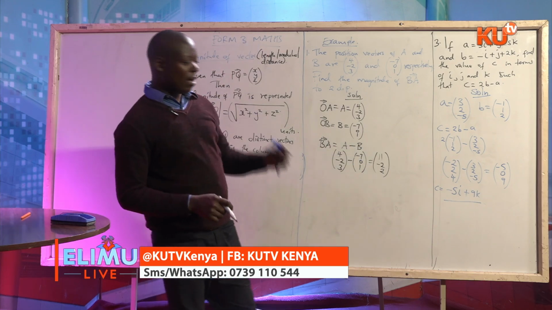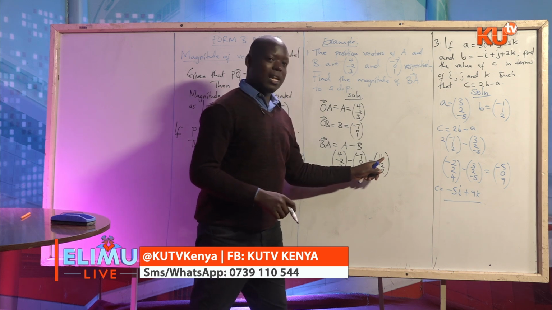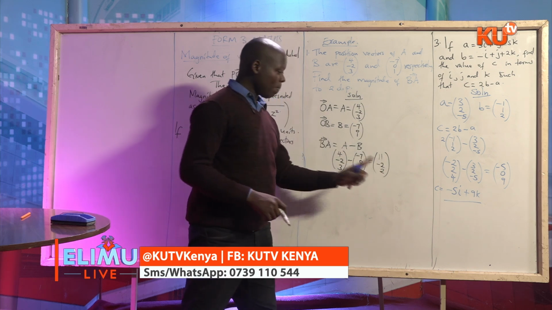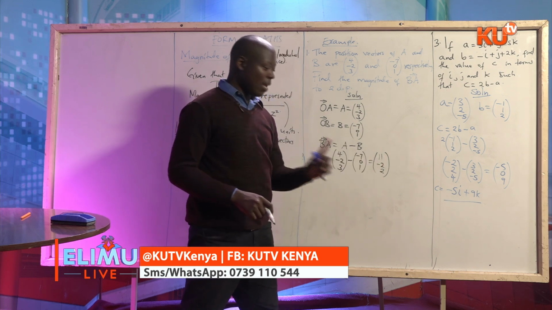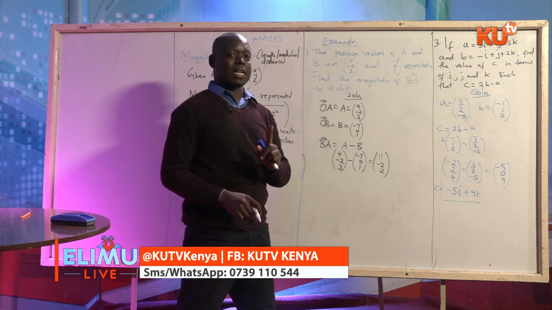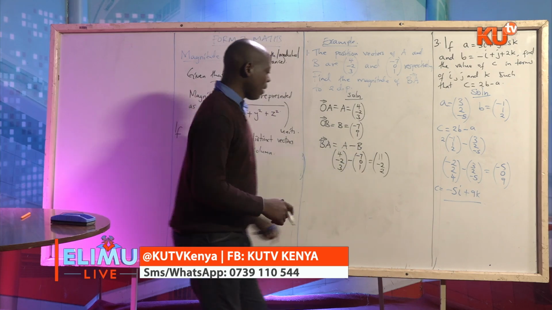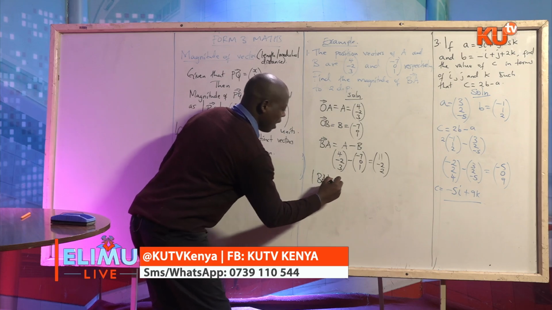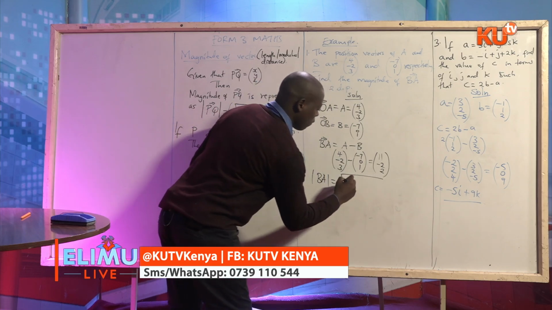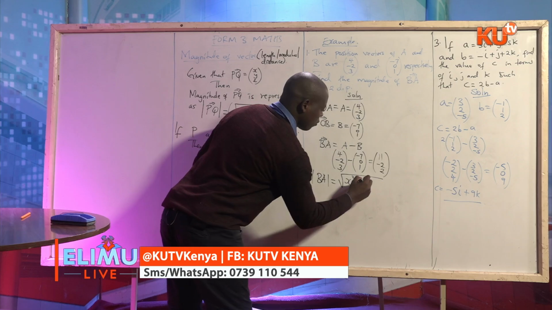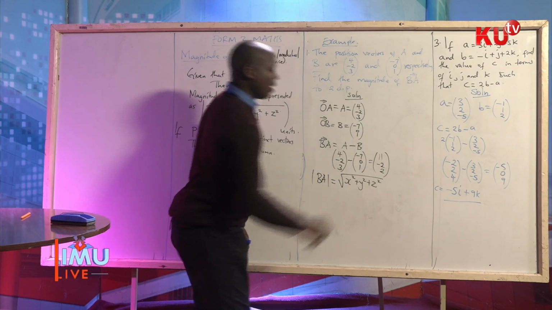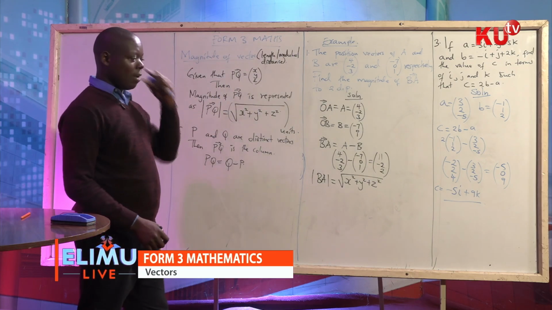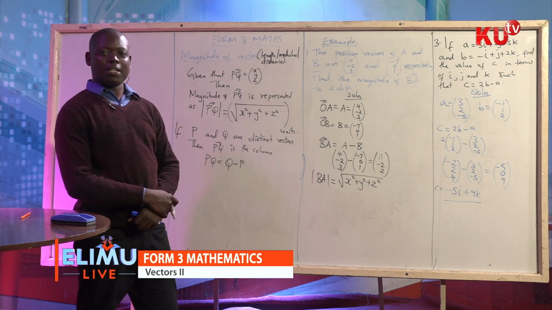But remember that we've said this 11 is for the X, negative 2 is for the Y, and 2 is for the Z. So how do we then apply the concept of magnitude? BA then becomes the square root of X squared plus Y squared plus Z squared.